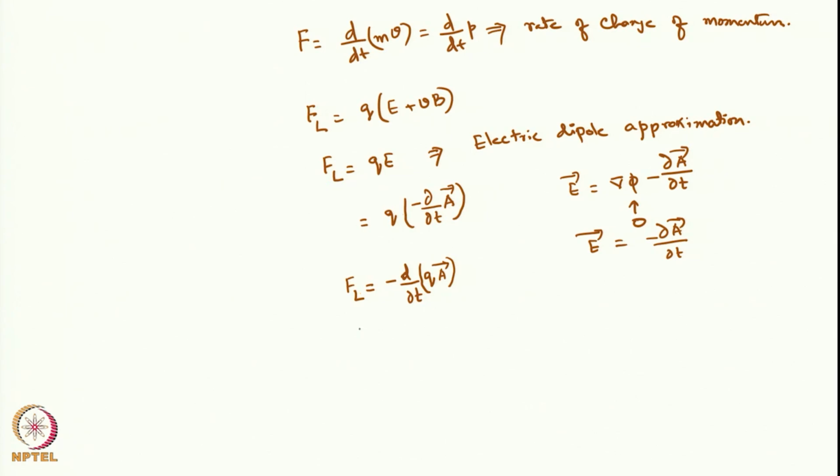Now force, as I said, is equal to d by dt of p, that is nothing but rate of change of momentum. Now if you compare these two forces, of course force is a force, whether it is of mechanical origin or of electromagnetic origin.